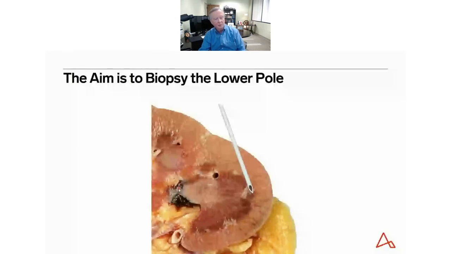This is a surgical pathology specimen. So the cancer's up off over here, and I just cut the picture off so you don't see why they took this. But this was a young person who had a cancer. So we've got a nice normal cortex. So you want to be here aimed at the lower pole, maybe get a little bit of medulla and mostly cortex, but look right there. There's a vessel right there. So you have to be careful even at the lower pole.